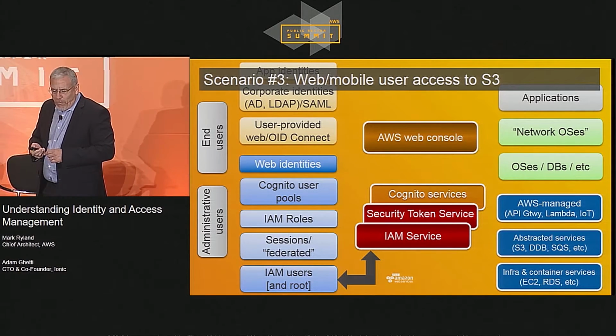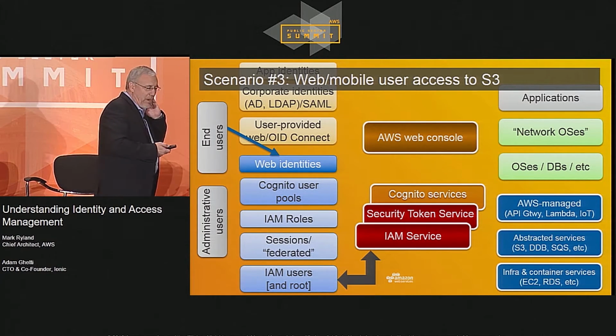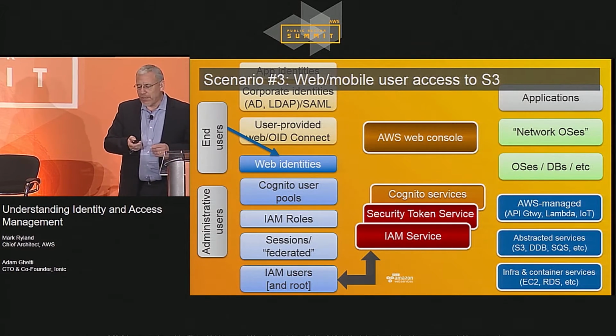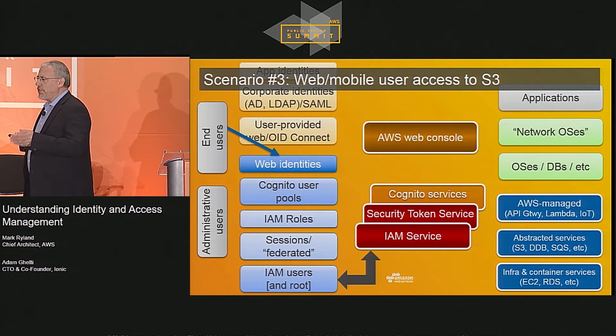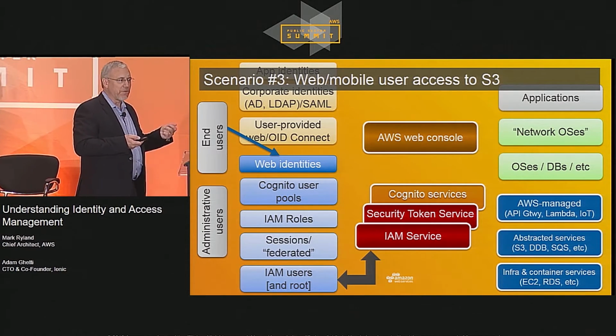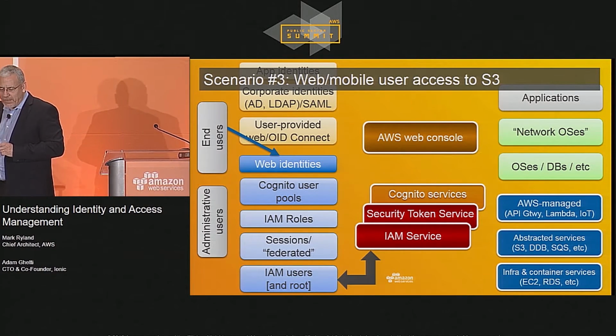In that case, the code running on the mobile device, an end-user device, would go to a web identity provider, let's say log in by Amazon or Facebook, go through an authentication dance with that service, and get back an OpenID Connect token, or one that's similar to it, since the major players all have their little variations on the standard.